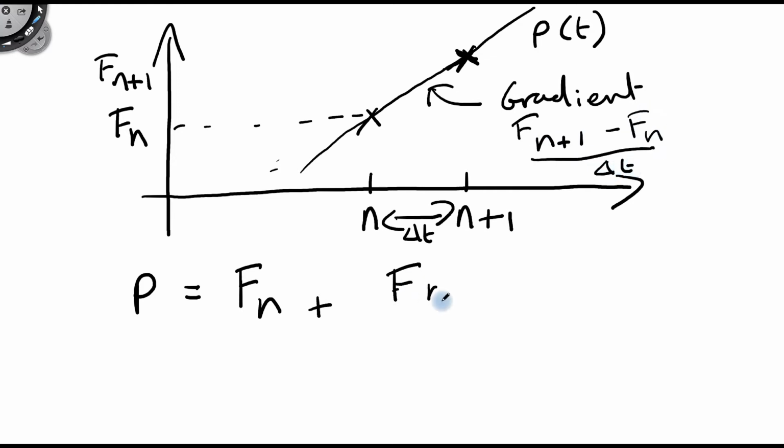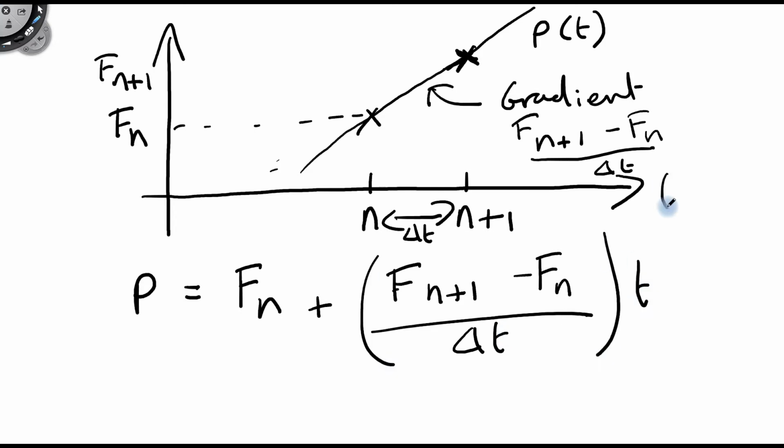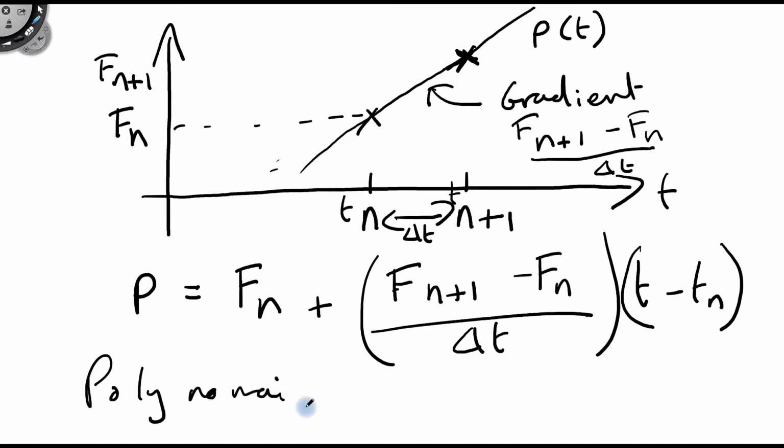So we have f of n plus 1 minus f of n on delta t, and it's now all multiplied by our continuous variable, if you like, minus our starting point t of n. That's t of n plus 1 if you really want to be strict. It doesn't matter, it's step n. And we put brackets on. Okay, so that's the approximation, the new polynomial approximation of f on the right-hand side.